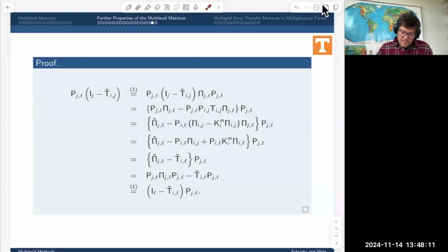Now, what about this? What happens when I multiply this matrix times that matrix? So that is just going to be the pi. Let's see, it's this one here. I think I have a typo with this guy, right? That one should also be IL. Because when I take a matrix like that, so pi ij and pi jl, let's look at the definitions of those guys.